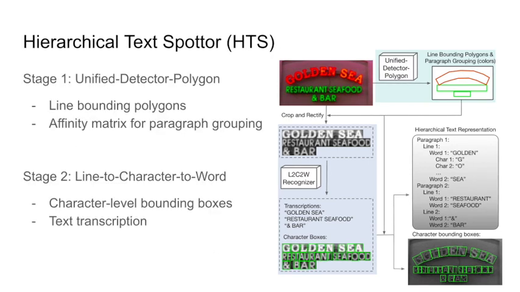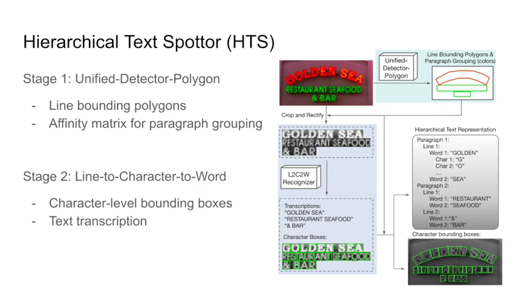Hierarchical Text Spotter mainly has two stages. The first stage is the Unified-Detector-Polygon, which is an improved version of the unified detector in the previous work. It detects text lines with bounding polygons and an affinity matrix for paragraph grouping.